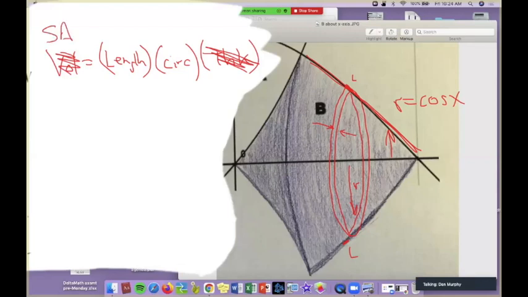What we've got is the length of this curve, and we're going to take that length and imagine it's like a dab of paint on a brush. We're just going to follow it around the circumference of that shape. Apologies there. So surface area is the curve length times the circumference. So let's get out of theory mode and actually get the surface area of region B.